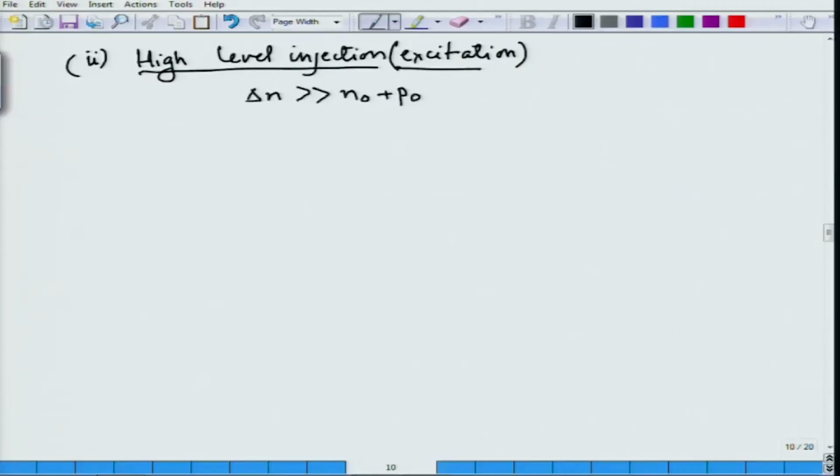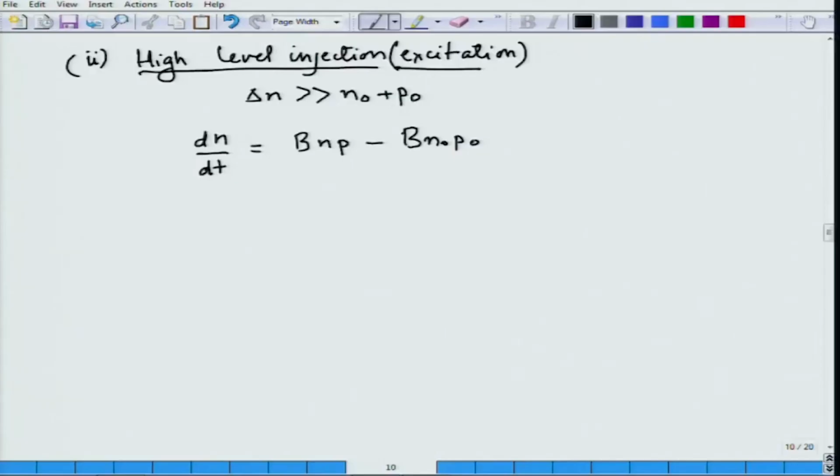Now, if this is the case, we start with our equation that was there earlier. So, dN over dt is equal to R, that is, B times Np minus B times N naught P naught. And now, if I have this condition, you can easily see that I cannot neglect delta N times delta P. The excess carrier concentration is very high.